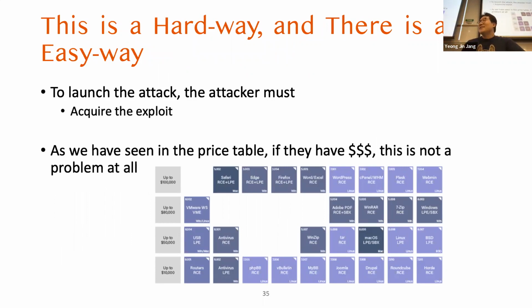But for some people who don't care about the money, who need to do some attack, they can spend an unlimited amount of money. Then for them, acquiring an exploit might be easy. But in this case, there are easier ways to propagate malware.